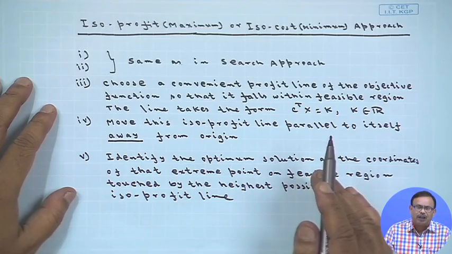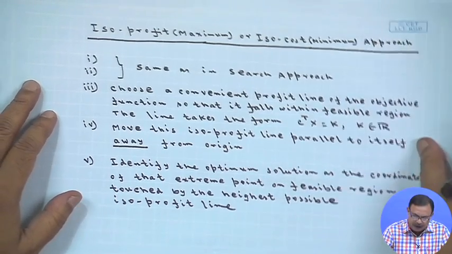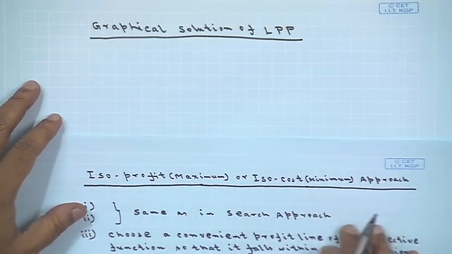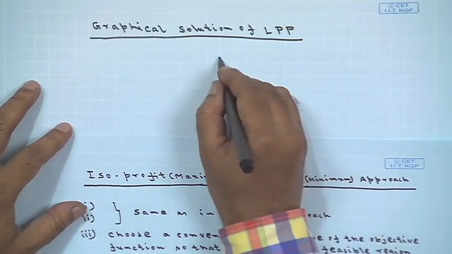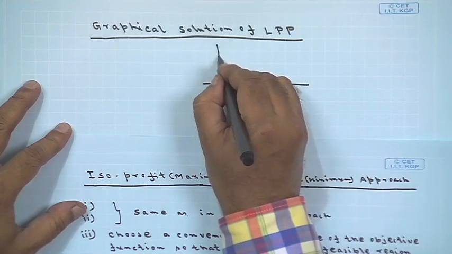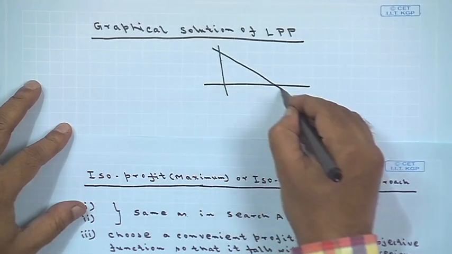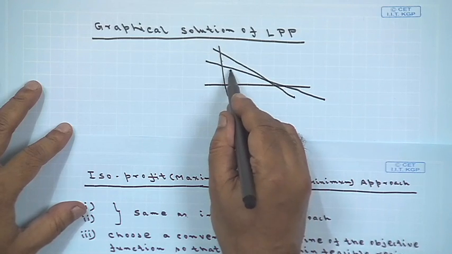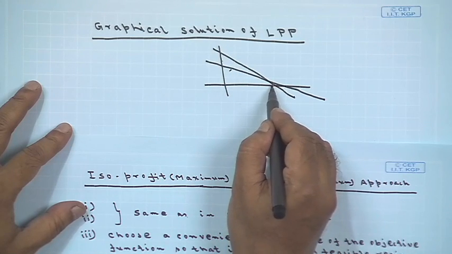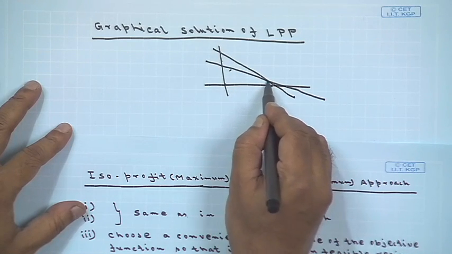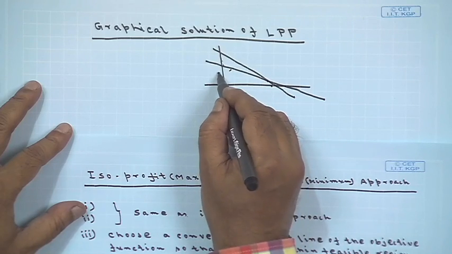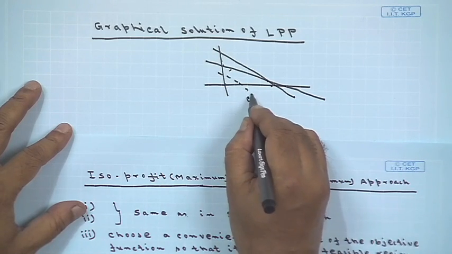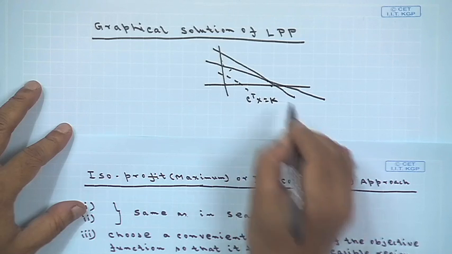As I was mentioning, if your feasible region is something like this, here, here, here and here, I may draw any line like this by using C transpose x equals k.